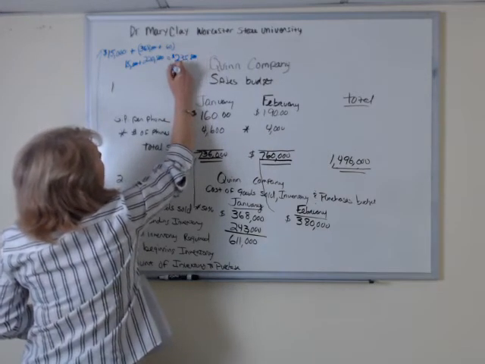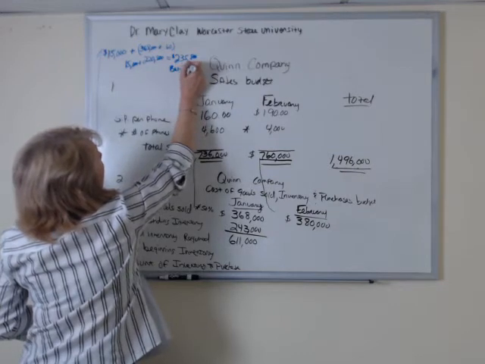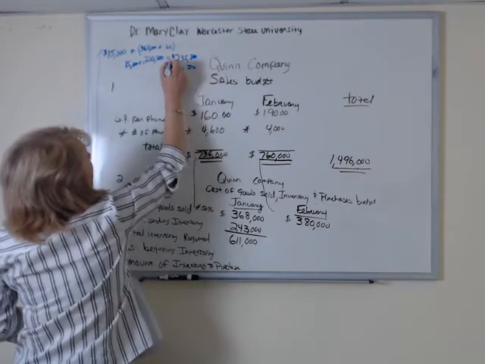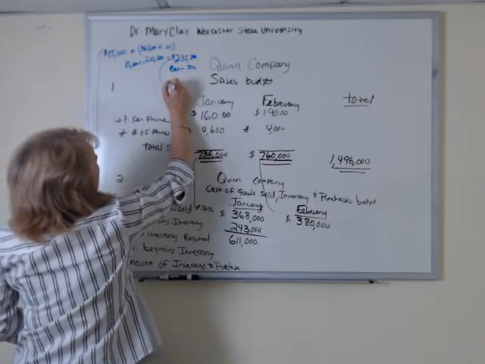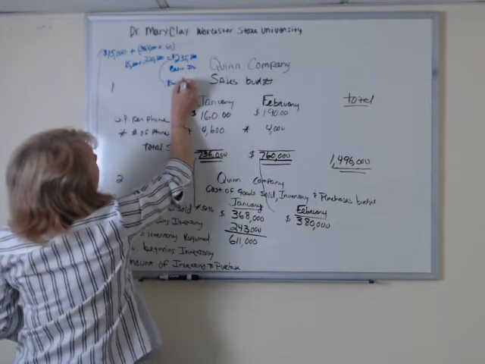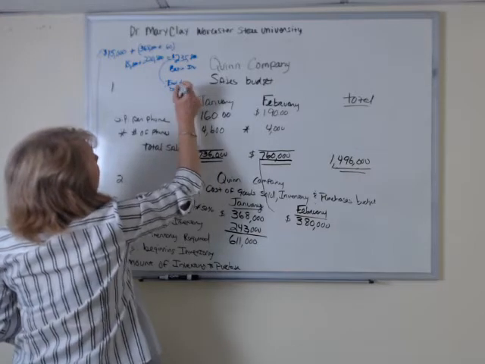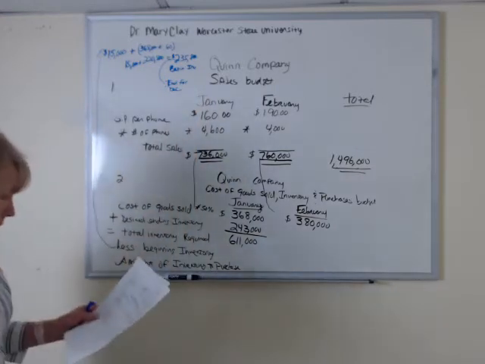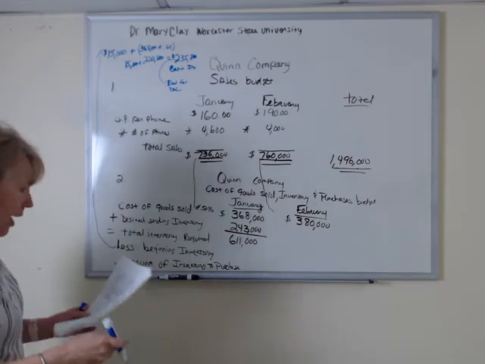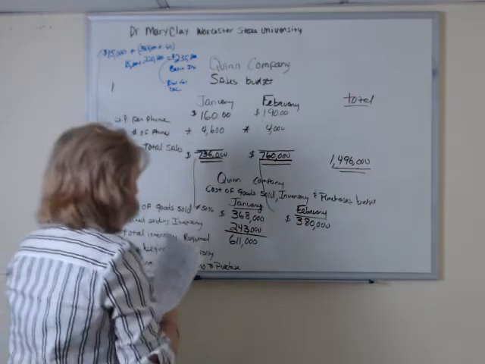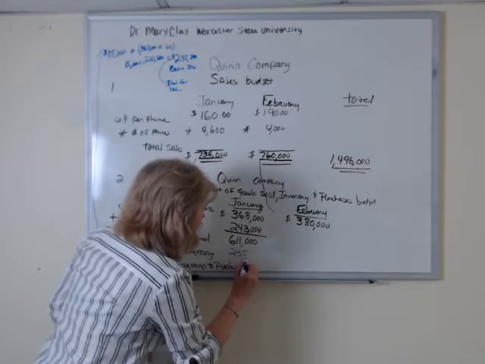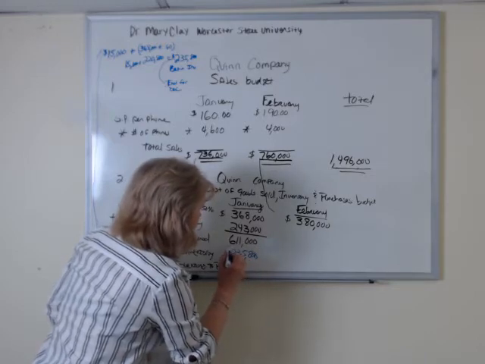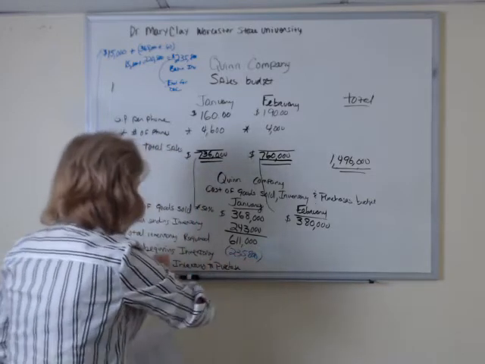That's your beginning inventory. It was your ending inventory for December. So remember, your ending is always your beginning. So I go over here and I just put in that number. Why don't I mark it blue so you can clearly see where I got that number? Okay, 235,800.